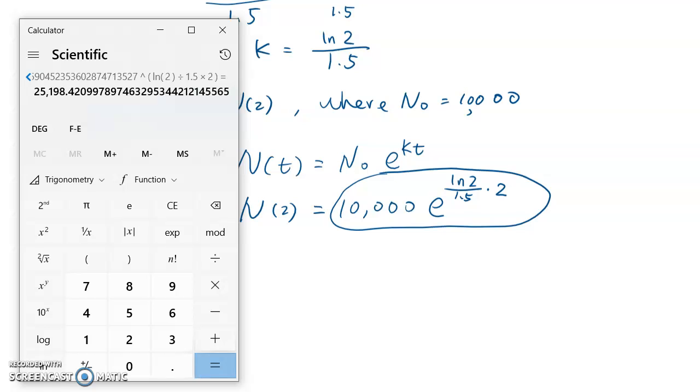And what I get is this answer: 25,198.42.